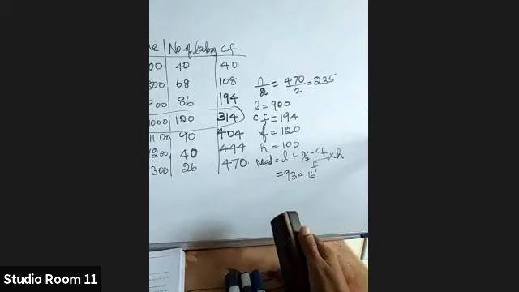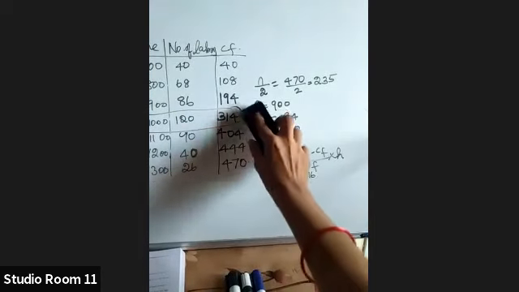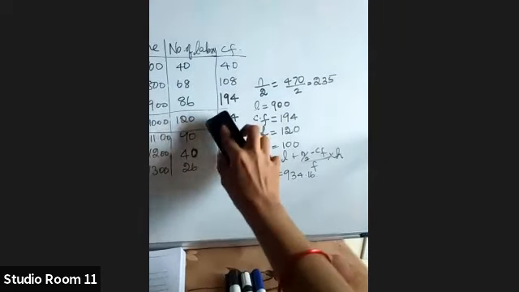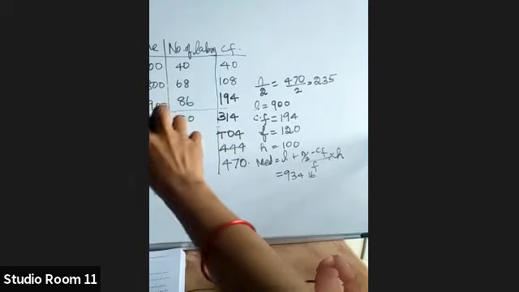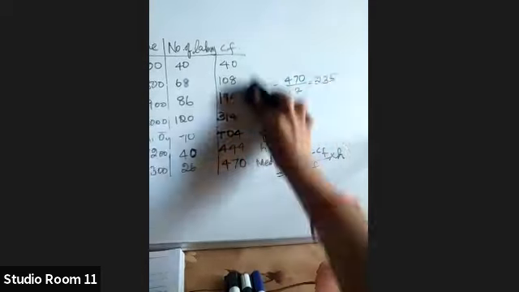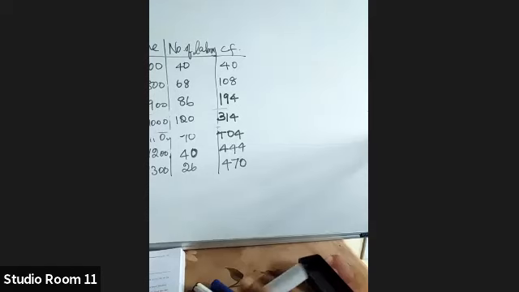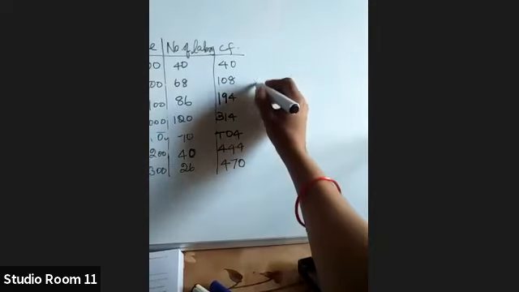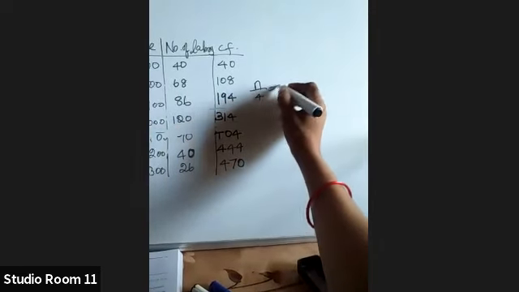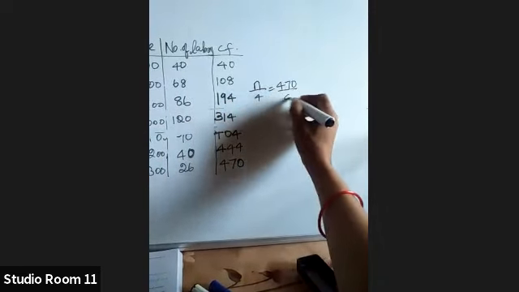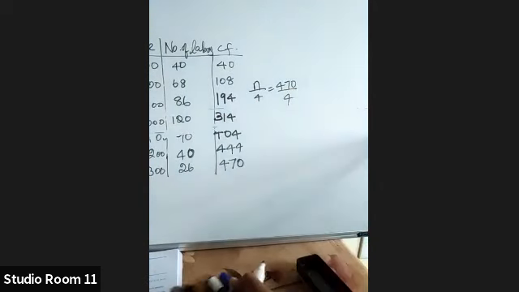Now, shall we do the next one, lower quartile? Yes, ma'am. So for the lower quartile, we have to find n by 4. N is 470. Find out 470 by 4.